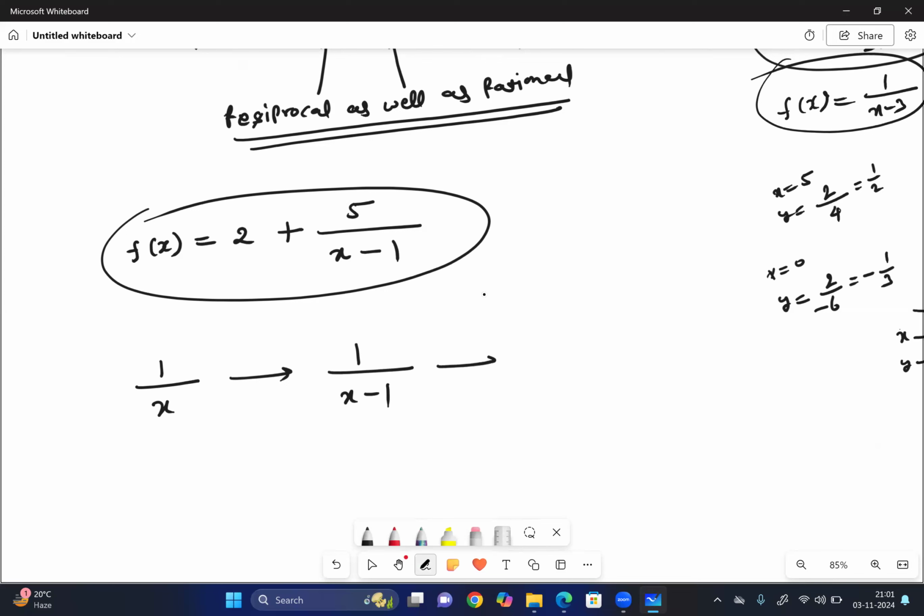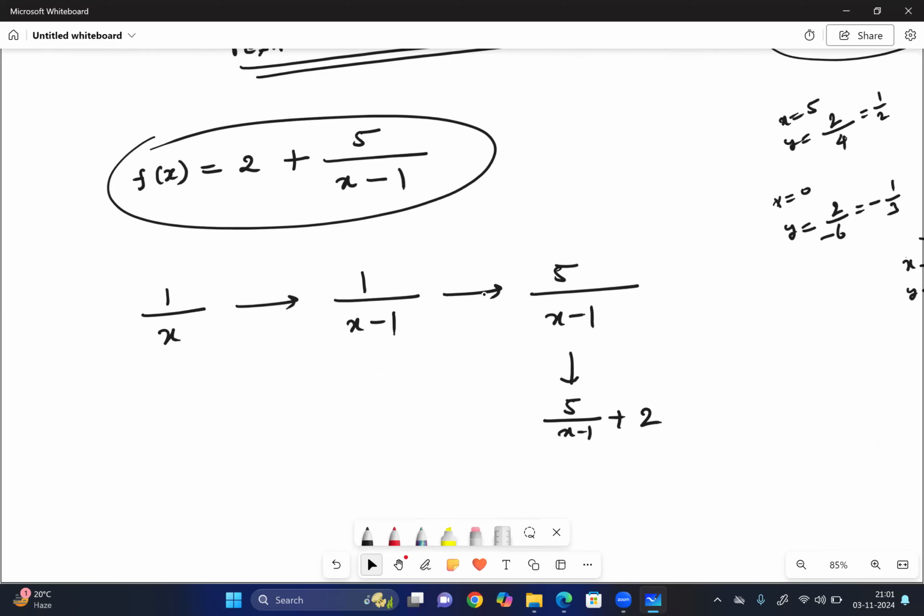Then it gets stretched vertically by a scale factor of 5. And after that, it has a vertical translation by 2. So the 2 makes it rational, but the 5 by x minus 1 makes it reciprocal. So a reciprocal function finally, after basically the stretch doesn't play that big a role.